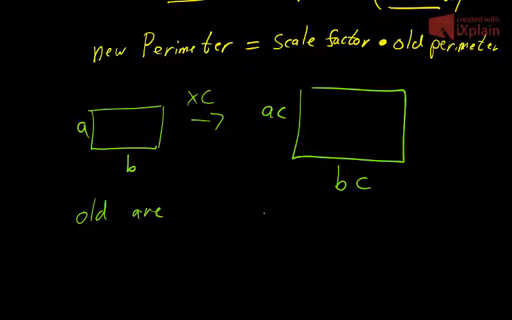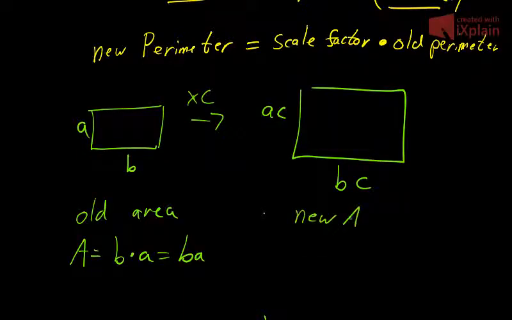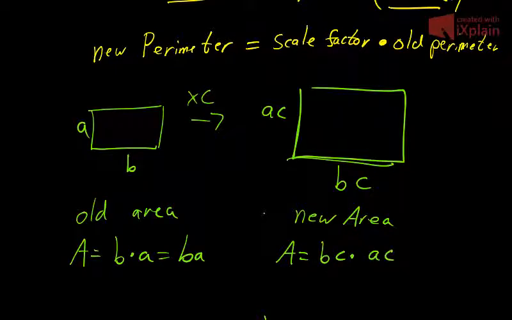We find the area of a rectangle by multiplying the base times the height, which in this case is B times A, or just BA. And on the new area, my area is going to be my base times my height, which is BC times AC, which is going to be BAC squared.